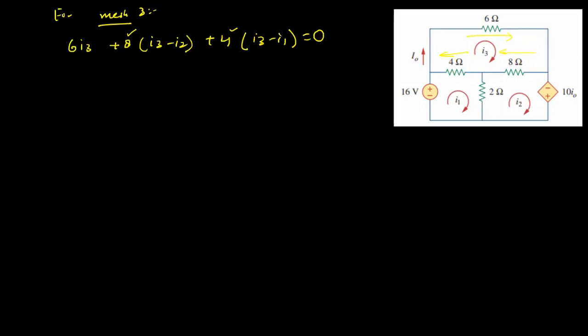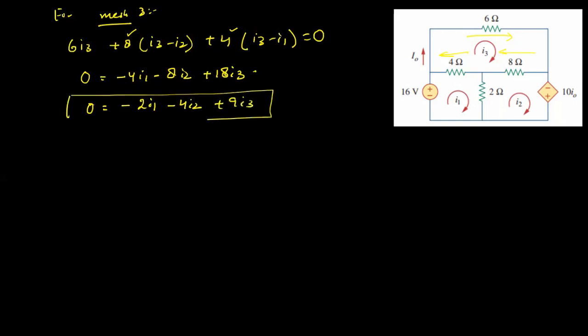So again, if you solve it, you will get 0 is equal to minus 4I1 minus 8I2 plus 18I3. And again, you can take 2 common from them. So what you will get is 0 is equal to minus 2I1 minus 4I2 plus 9I3. So this is your equation number 3.